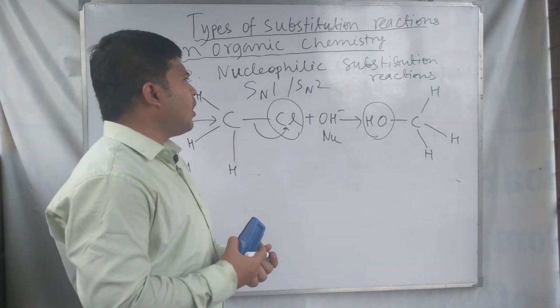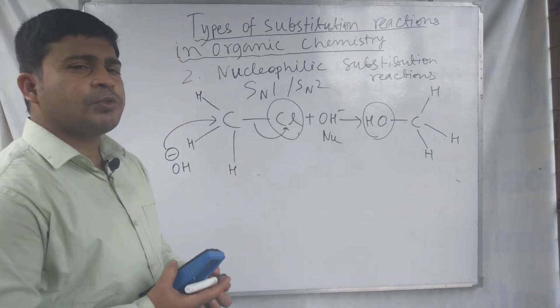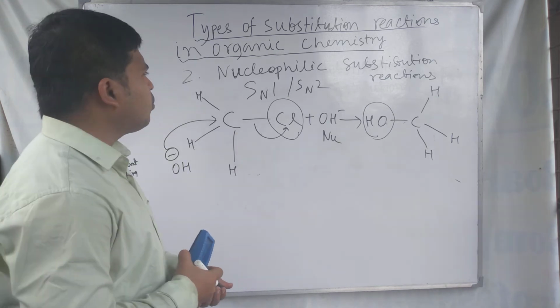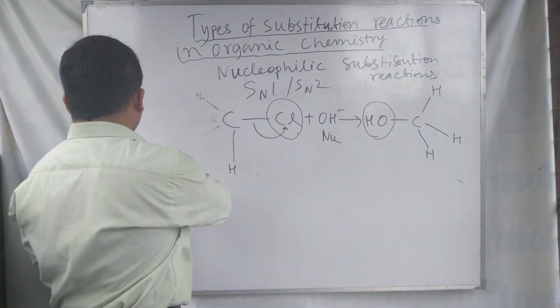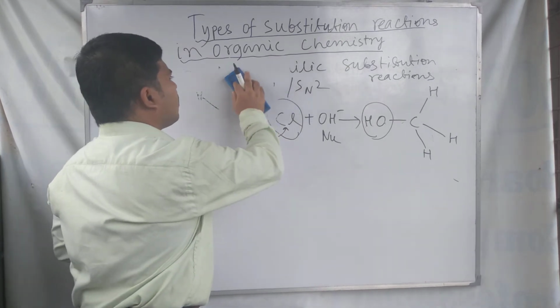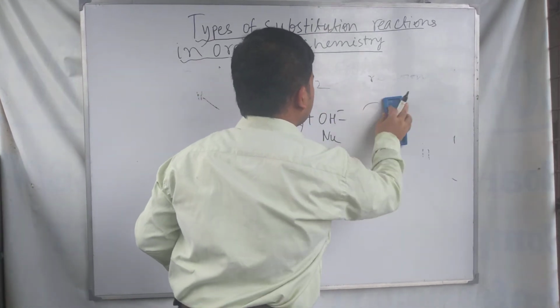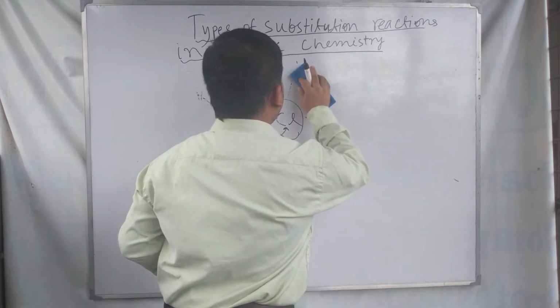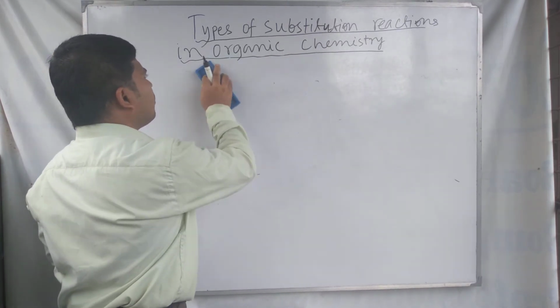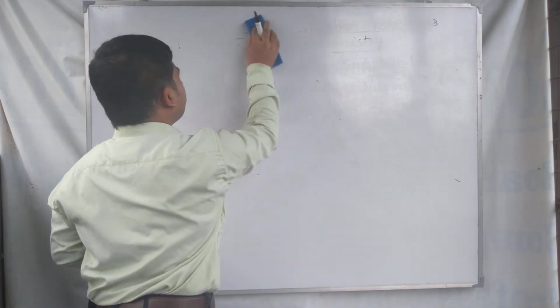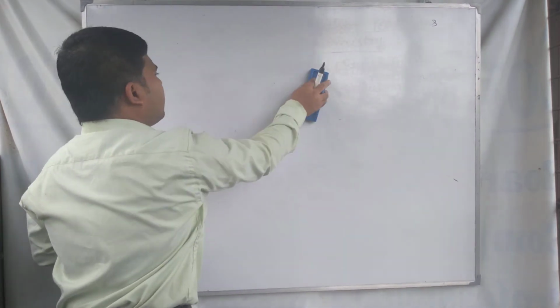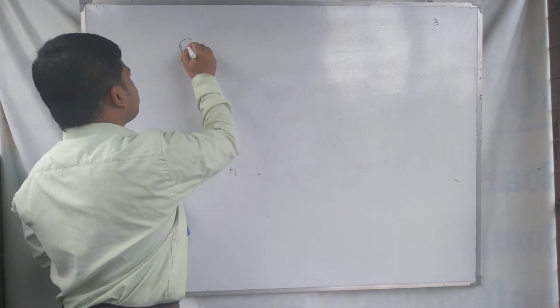Now after studying nucleophilic substitution reactions, we would like to study the third category of substitution reactions. The third category is free radical substitution reaction. This is another important type of substitution reaction in organic chemistry.